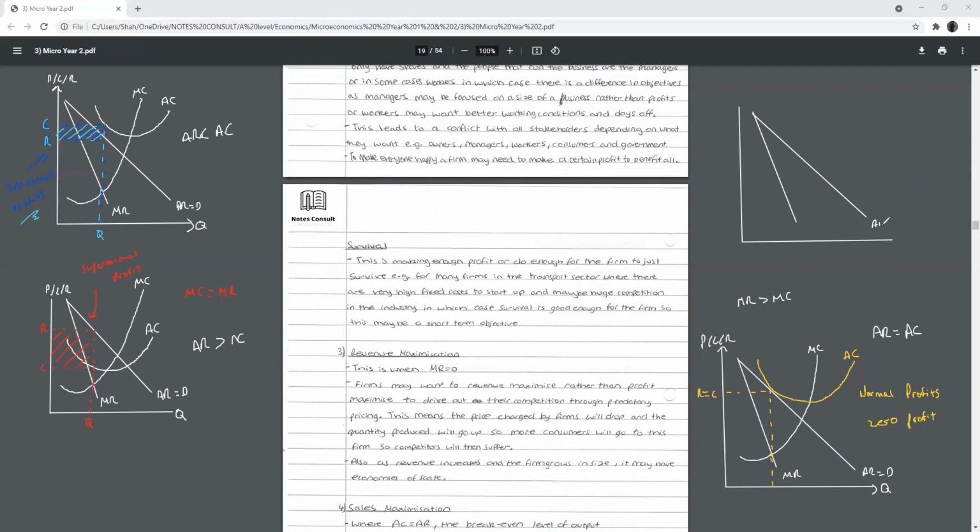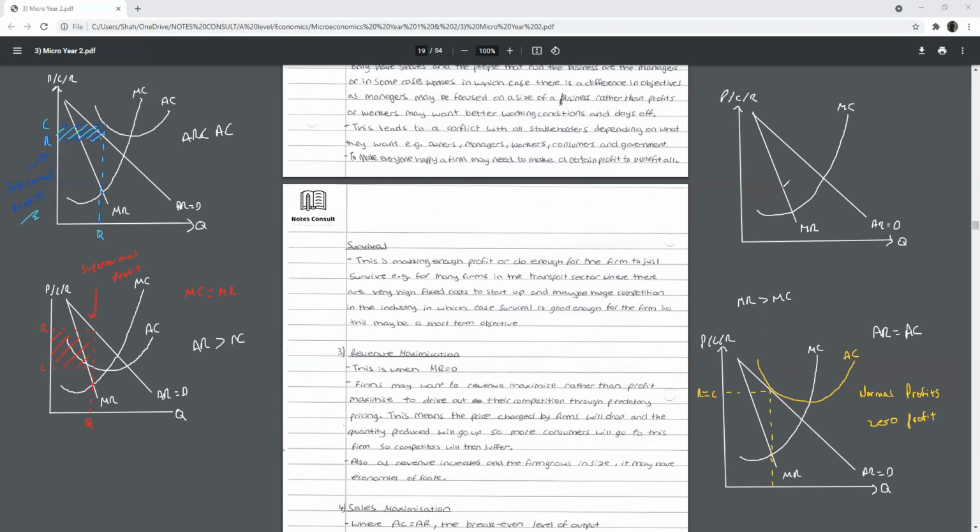This is where average revenue is equal to demand, and this is where marginal revenue equals marginal cost. I'm going to draw out these graphs so many times because this is going to be the basis of most of your essays. If you get this graph wrong, the entire essay is just not great.